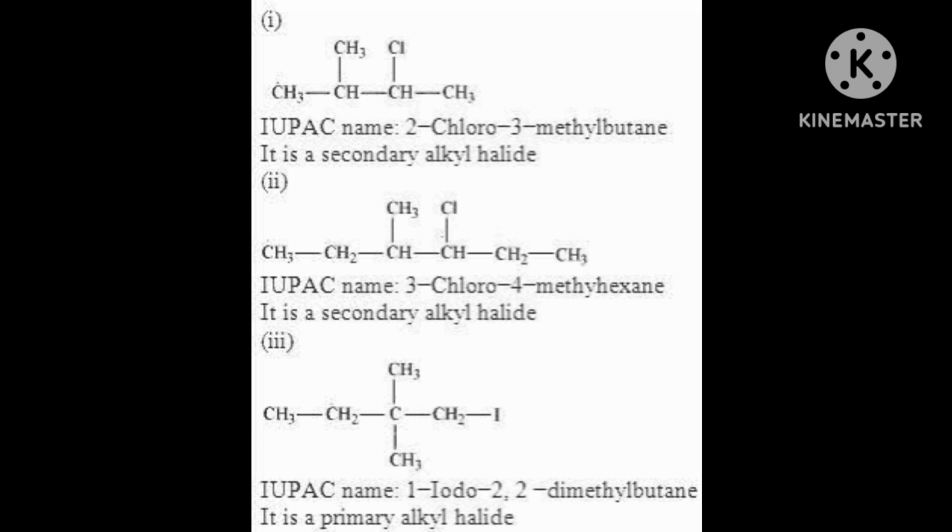Already you have taken the name 3 bromo 2 methyl butane, butane 1 ene, because at carbon number 1 the double bond is there. Then you write 3 bromo 2 methyl but 1 ene.